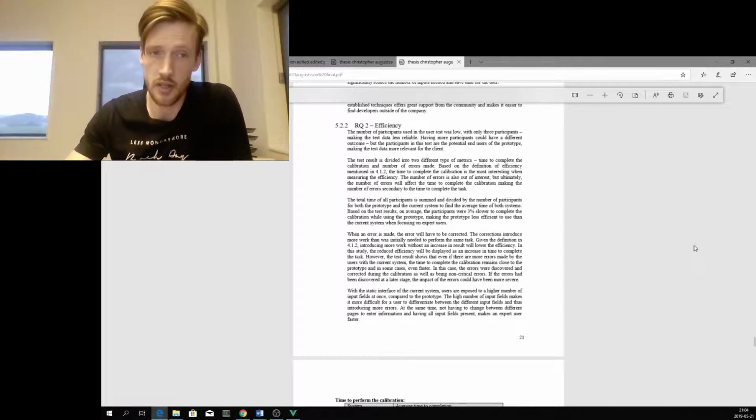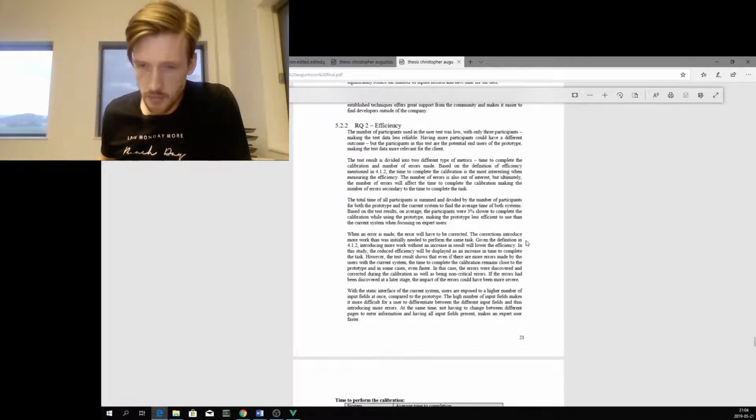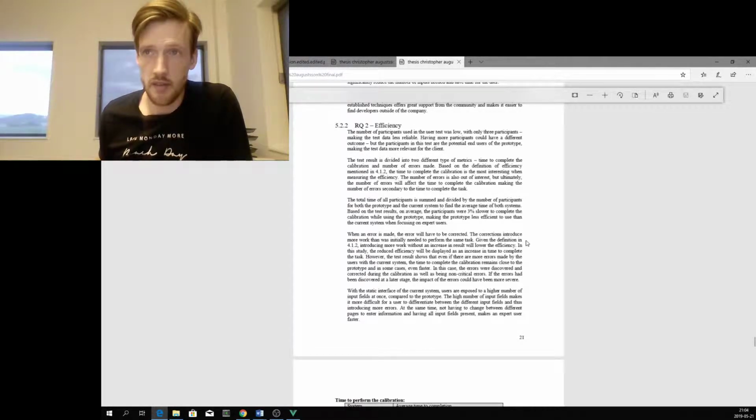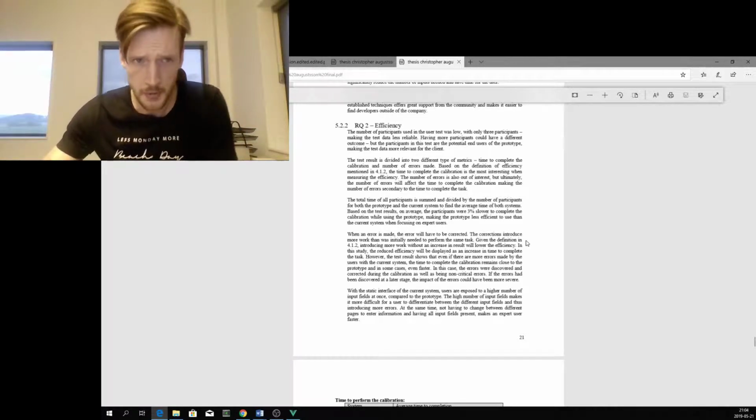Now the errors in this case will actually affect the time it takes to complete the tasks, since if an error is made, then they need to go back and basically correct the mistake they just made. And that will eventually affect the overall efficiency, which means that the time it takes to complete the task is actually the primary metric in this case.